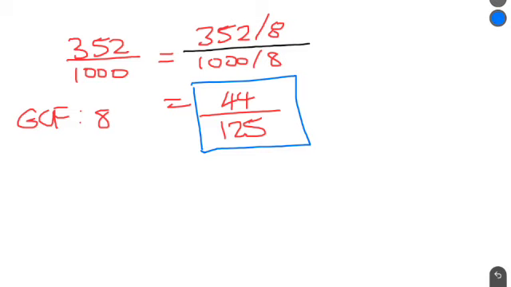So this is just a trick of how to use prime factorization to simplify bigger fractions, or fractions that seem more tedious than doing the first method that we went over in simplifying a fraction.